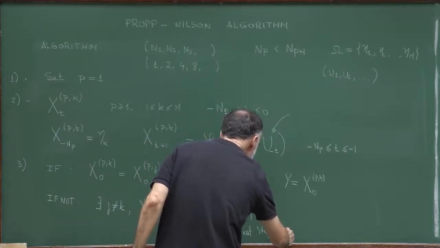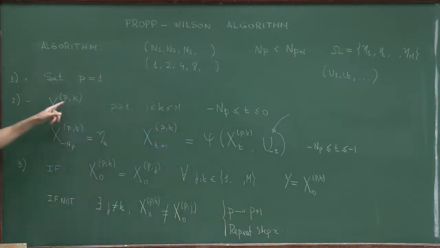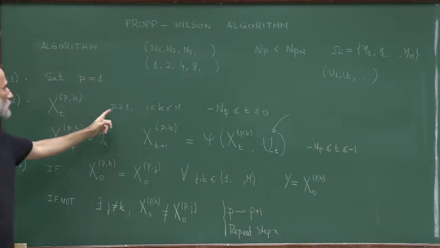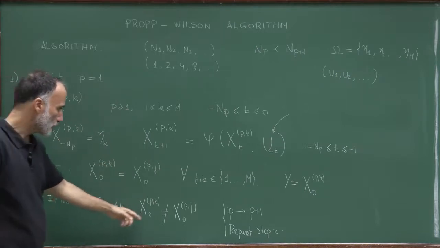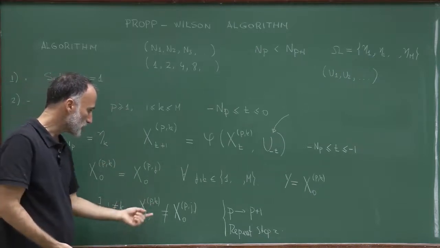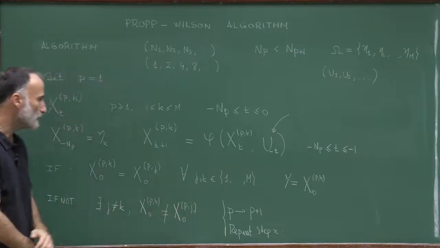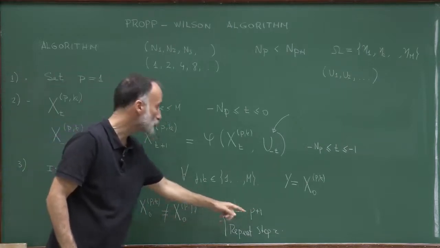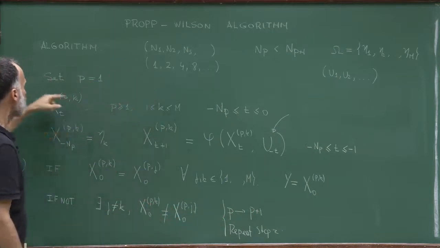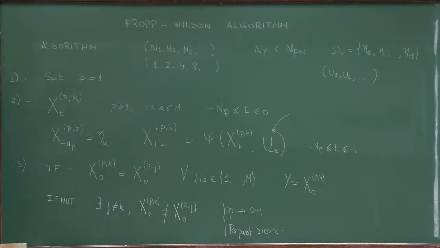You go back to step 2, but now the value of p has changed. So you started with p equal to 1. You run that chain. At time 0, you obtain two different configurations which give you different values. So what you do is that you change p from 1 to 2, and you repeat this procedure now by using p equal to 2.